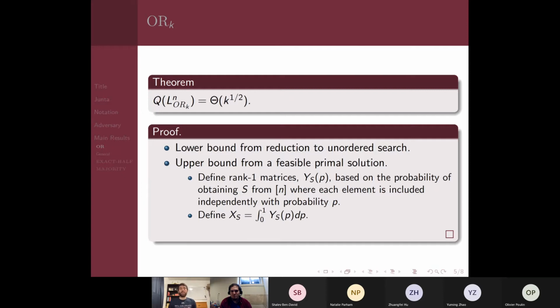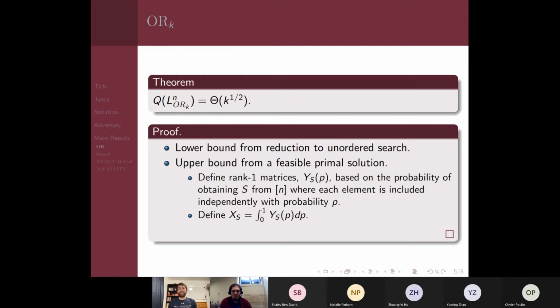But here he shows definitively an upper bound of k to the 1/2 using just finding a feasible primal solution to this primal adversary problem. So the lower bound just comes from a reduction to unordered search. And the upper bound, as I said, is a feasible primal solution.